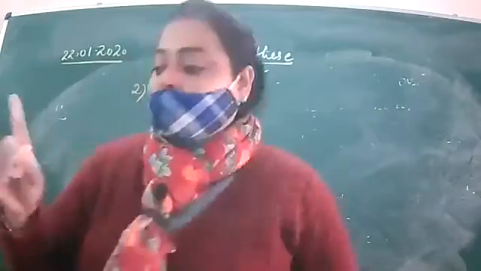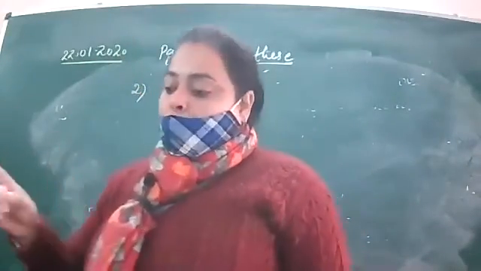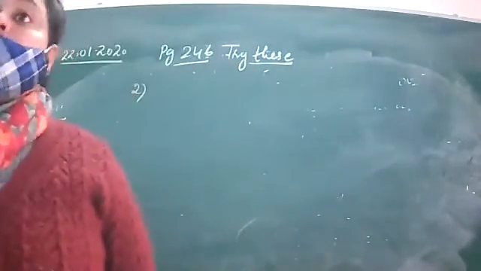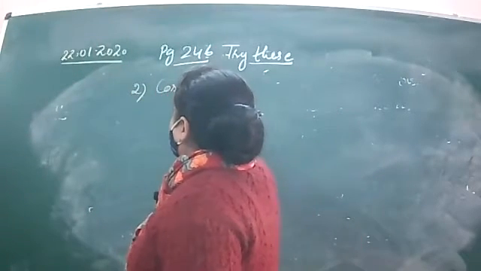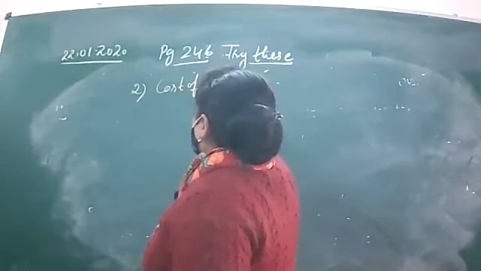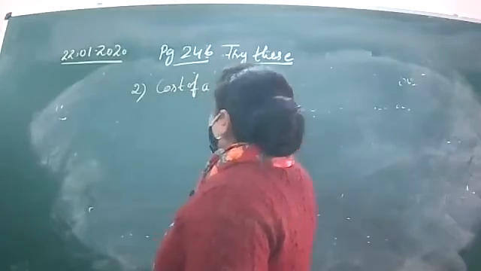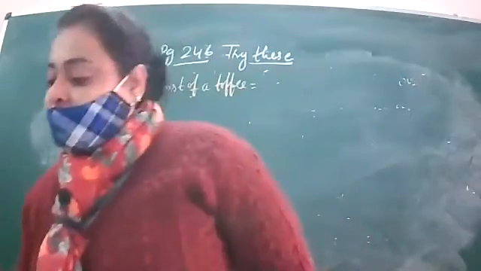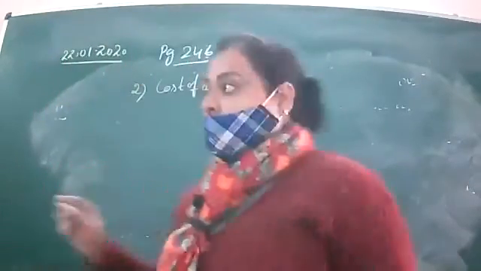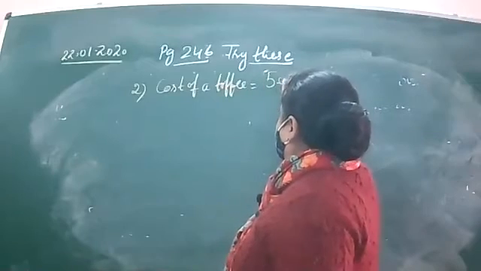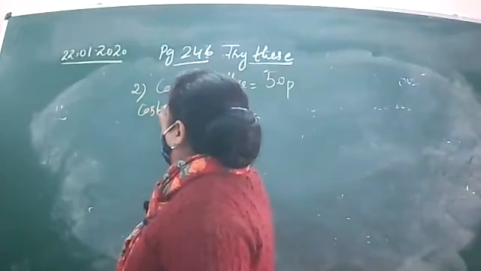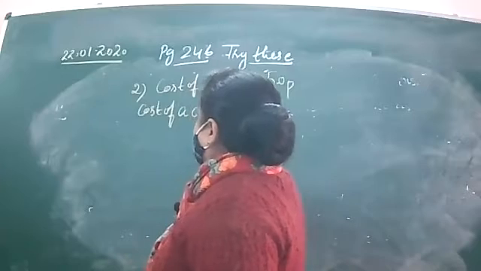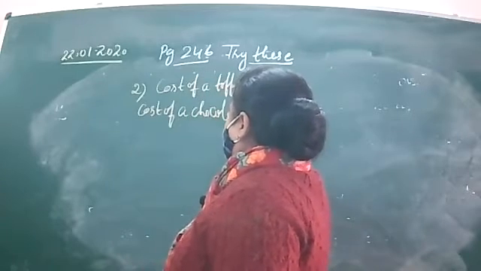First of all, you will write here cost of a toffee. What is the cost of a toffee? 50 paisa. And next thing given to you is cost of a chocolate.